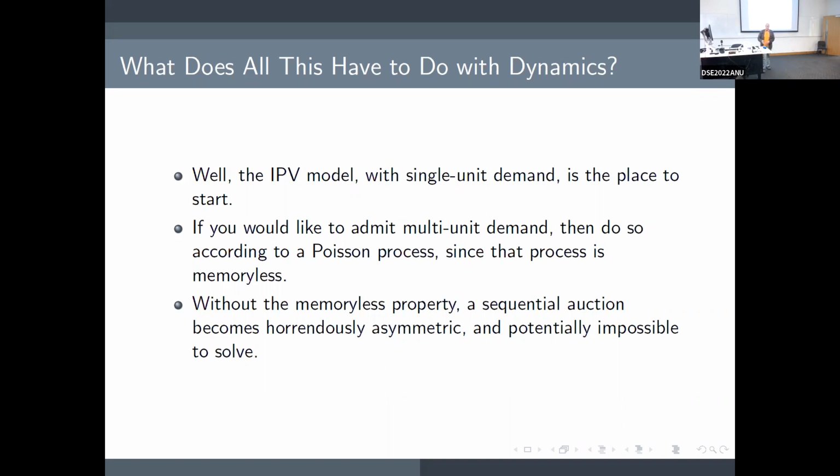So imagine, I'm going to just talk about it. Imagine that Fedor has 3 units drawn from an urn, and I have 2. And there are 3 goods for sale. So in principle, he could get all of them, or one of them, and I get 2 of them, and all the combinations.